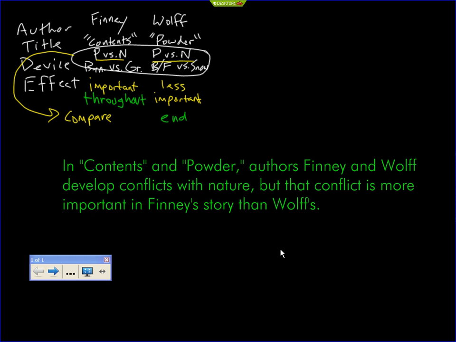There you go. In Contents of a Dead Man's Pockets and Powder, authors Finney and Wolf develop conflicts with nature, but that conflict is more important in Finney's story than Wolf's.